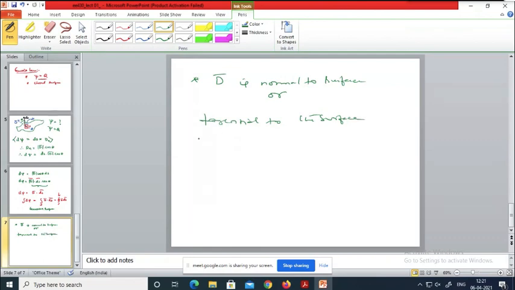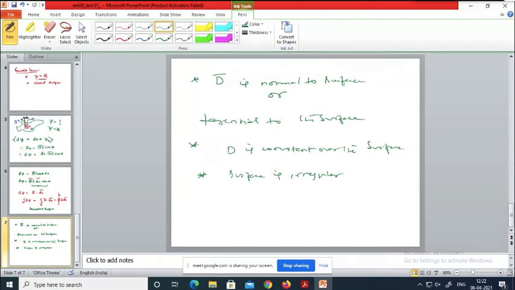Also, D is constant over the surface. The surface might be irregular in shape, but it should be large enough to enclose the entire charge. So these are the characteristics of any Gaussian surface.